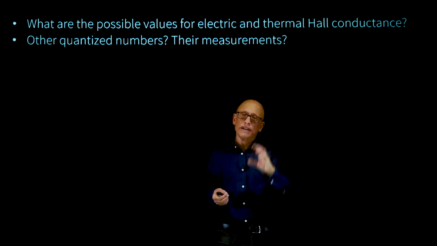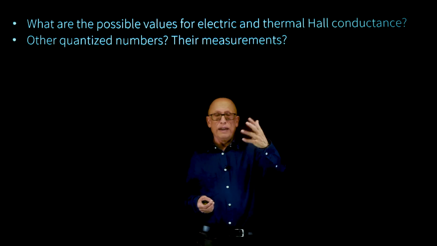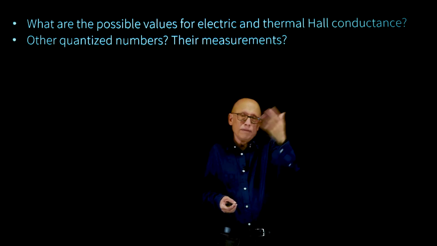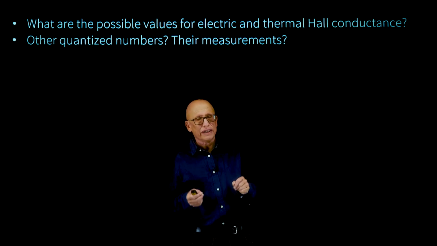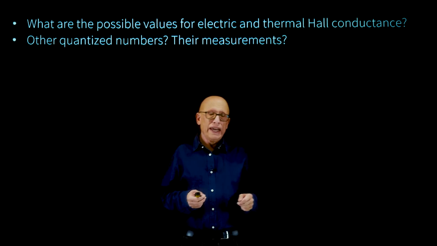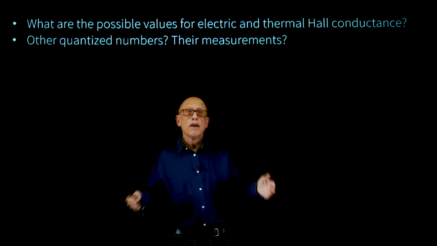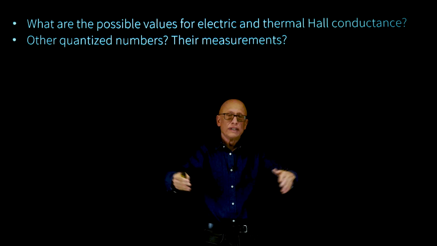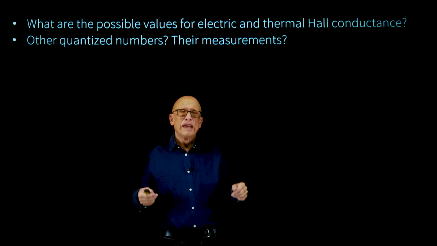Can you get to other values which are not just a half of the fundamental value, but any other number? And are there also other quantized numbers that will characterize topological states of matter? Both of these questions are important, interesting, but I won't discuss them today. For today, we talked about electrical and thermal conductances on edges.